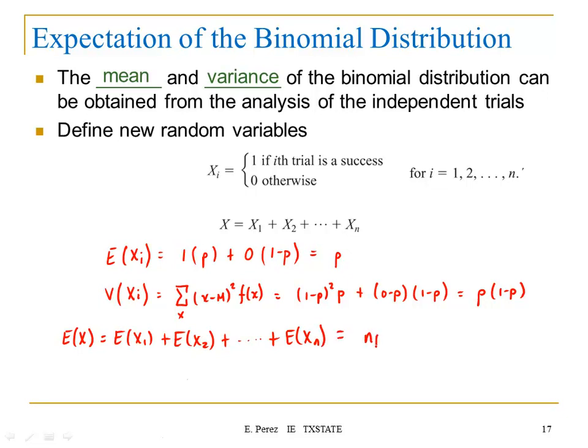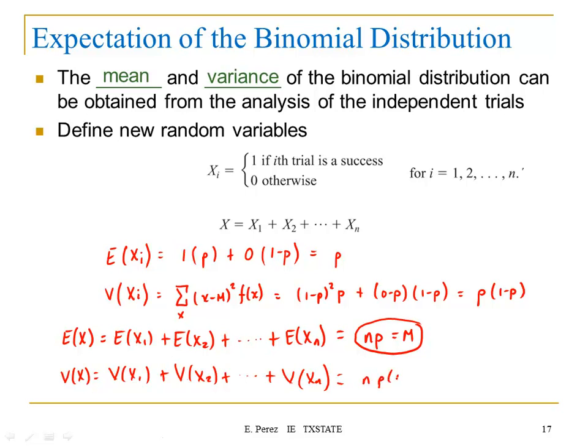So that is equal to n times p, and that is your mean for a binomial. And we have the variance of x equals the variance of x1 plus the variance of x2 plus up to the variance of xn, and this will be equal to n times p(1 minus p), and that is your variance.